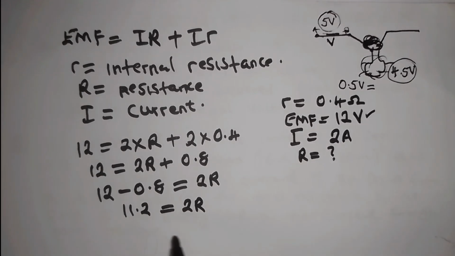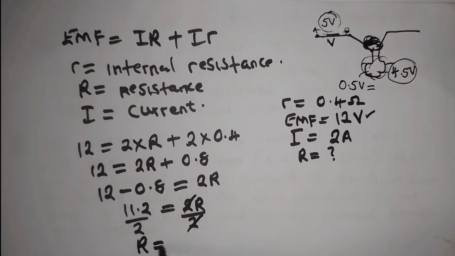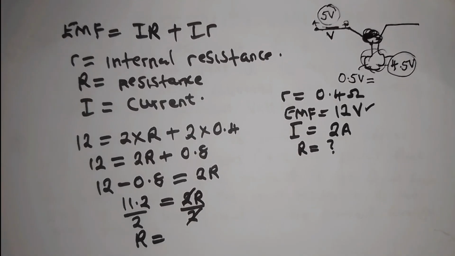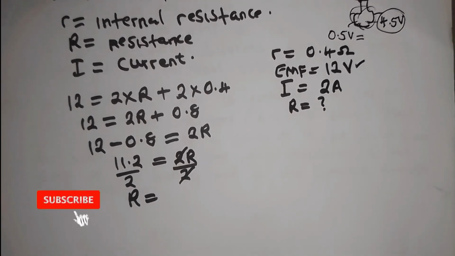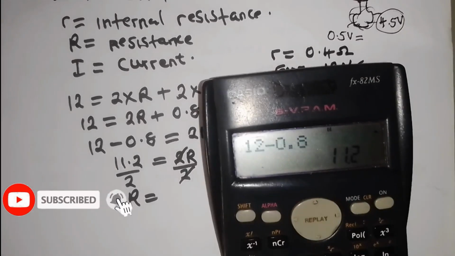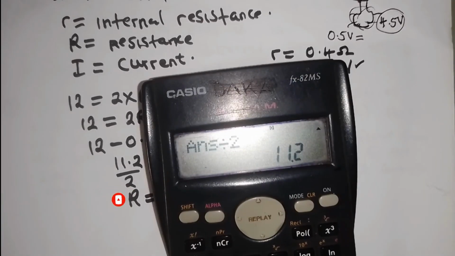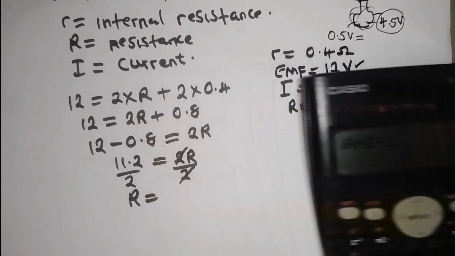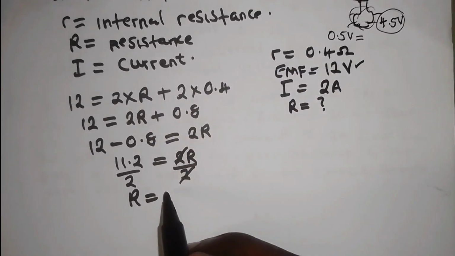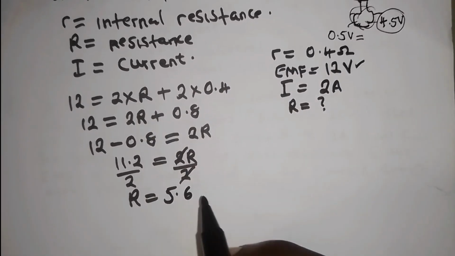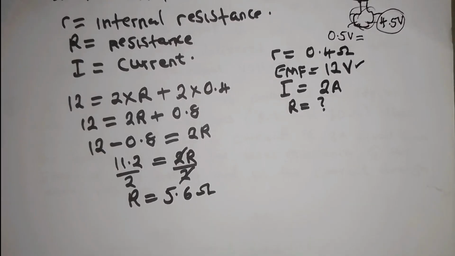From there, we just divide both sides by 2. Our R is going to be 11.2 divided by 2, which gives 5.6 ohms.